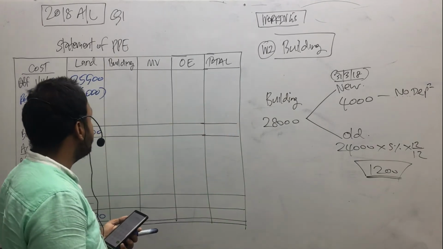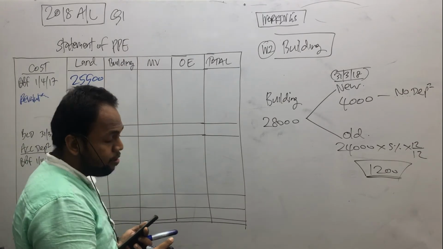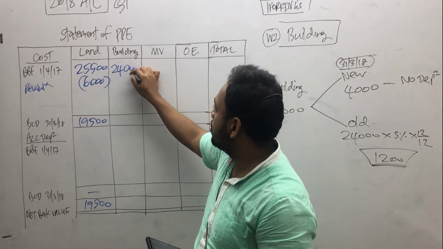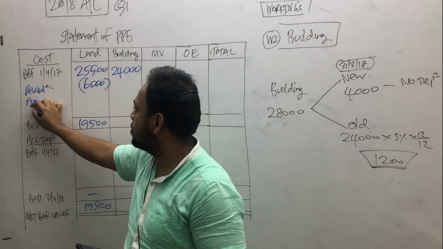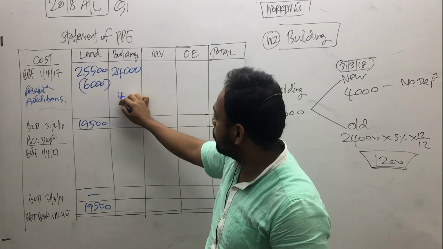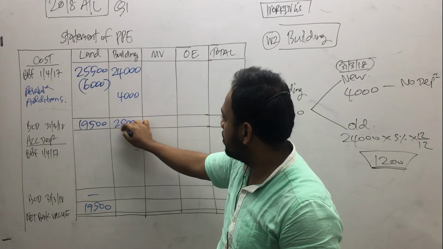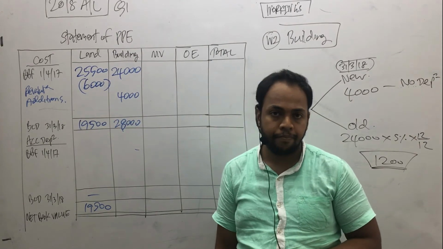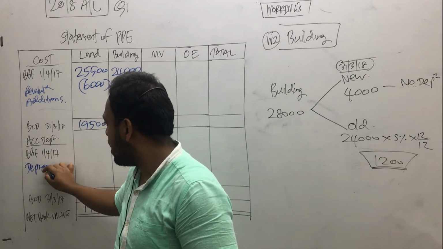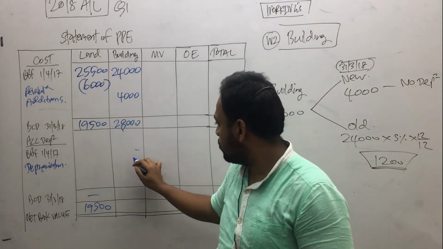So when you are recording in the statement of PPE, the opening balance should be 24,000. And additions will be 4,000. Total 28,000. That's the total building. Then the accumulated depreciation. Current year depreciation we have calculated, this 1,200.